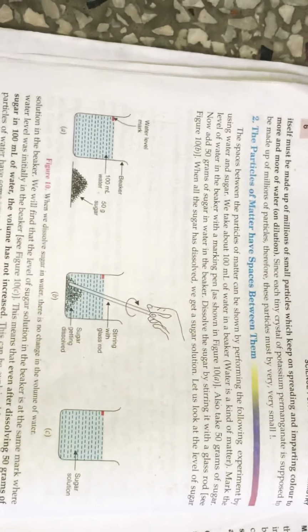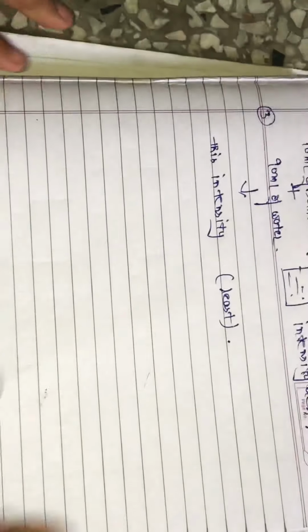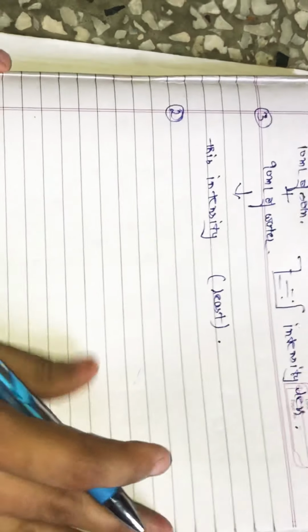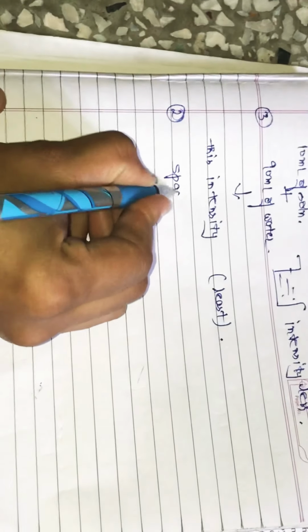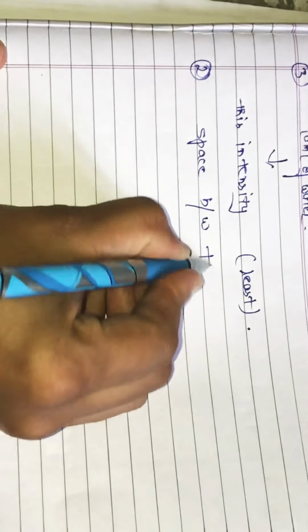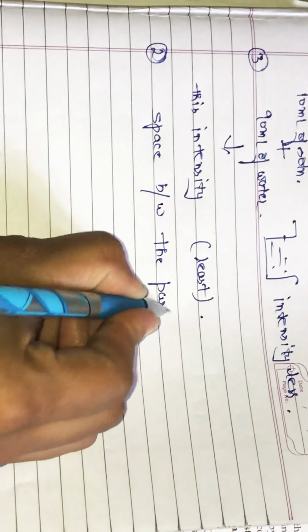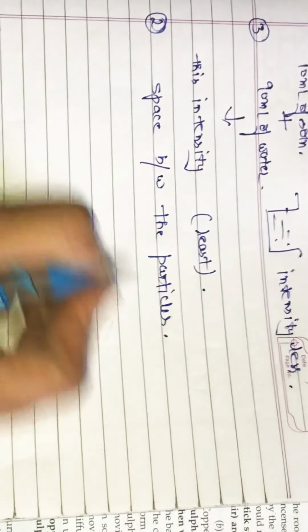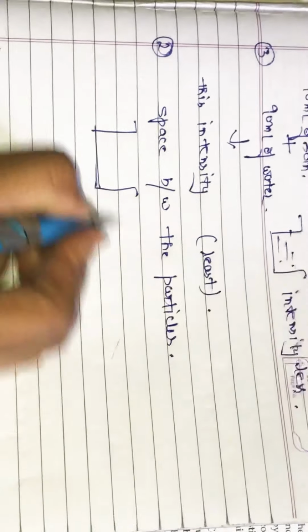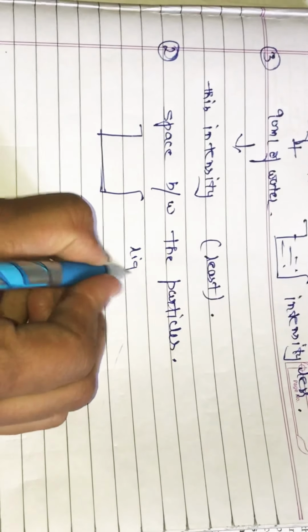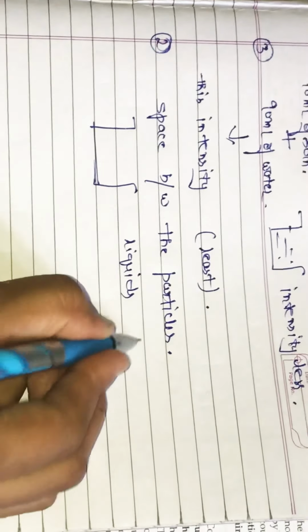This is very easy to understand. See, when we take the second property, space between the particles, we will talk about it in terms of liquids as well as gases.